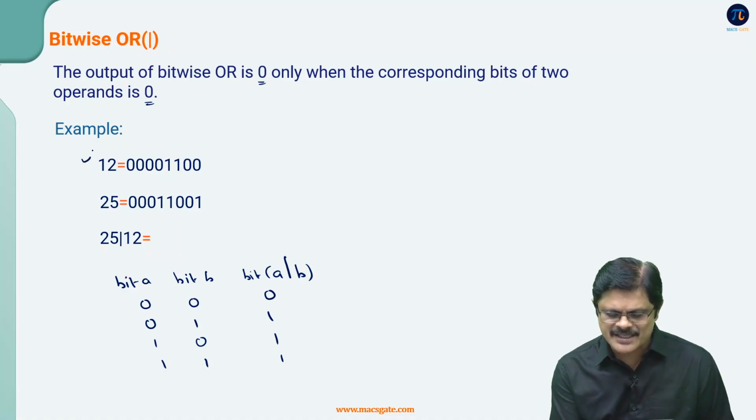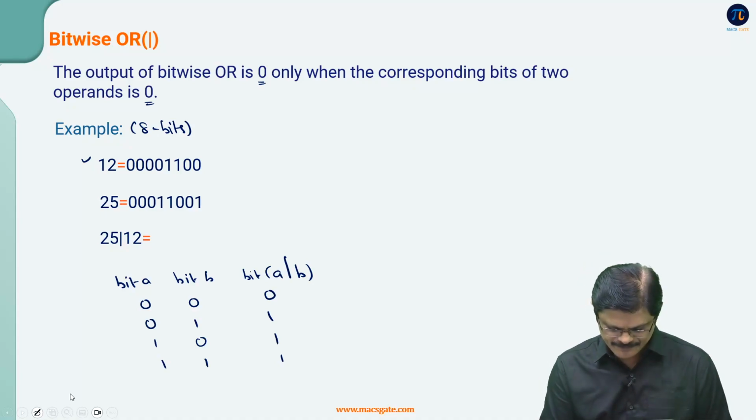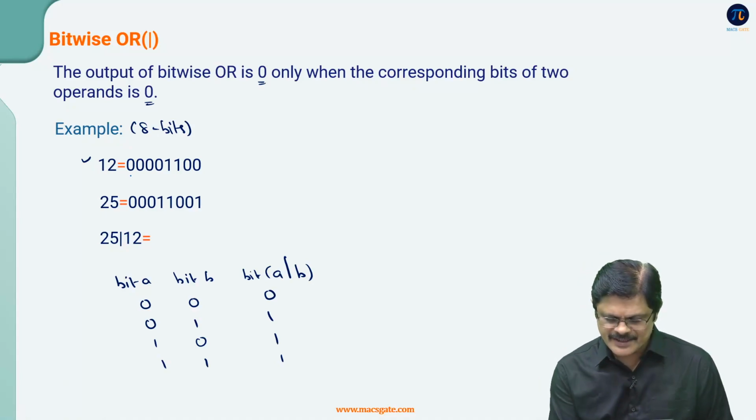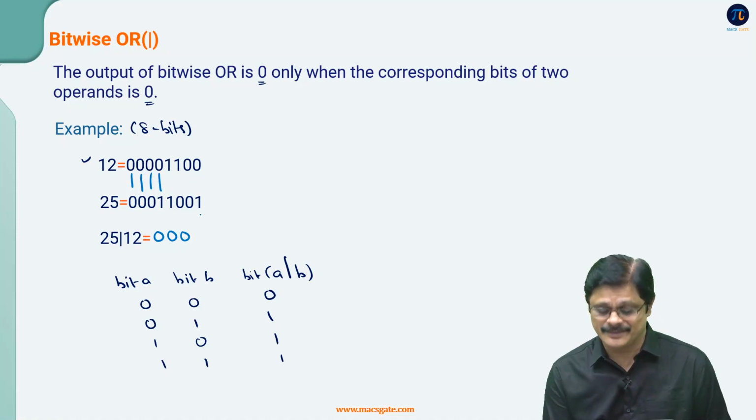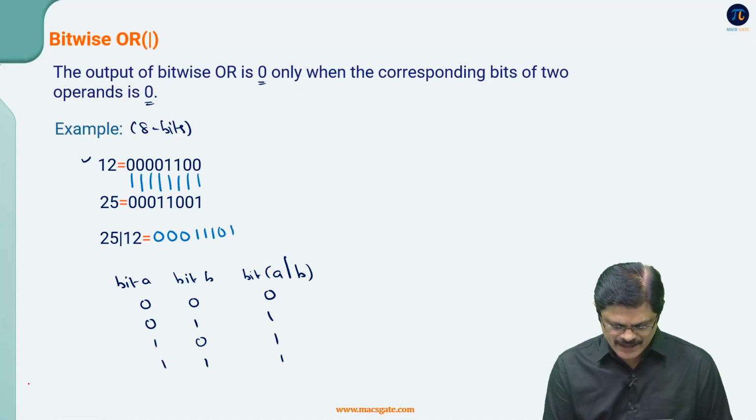Now, let us consider these 8 bit numbers and their bitwise OR operation. Corresponding bits: 0 0 is 0, 0 0 0, 0 0 0, 0 1 is 1, 1 1 1, 1 0 1, 0 0 0, 0 1 1. Now, let us see what the output is.